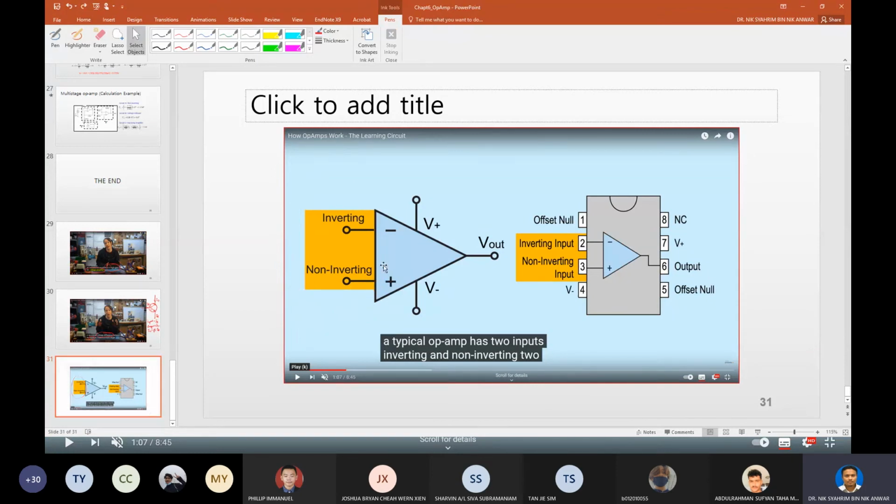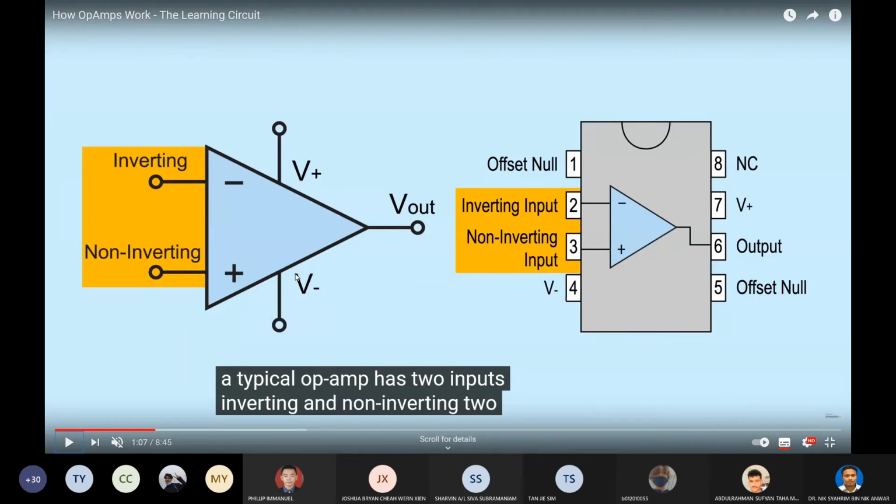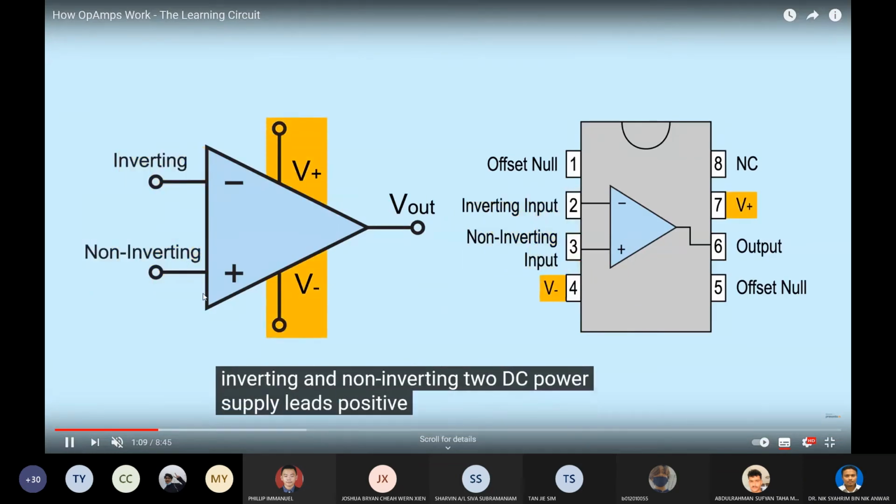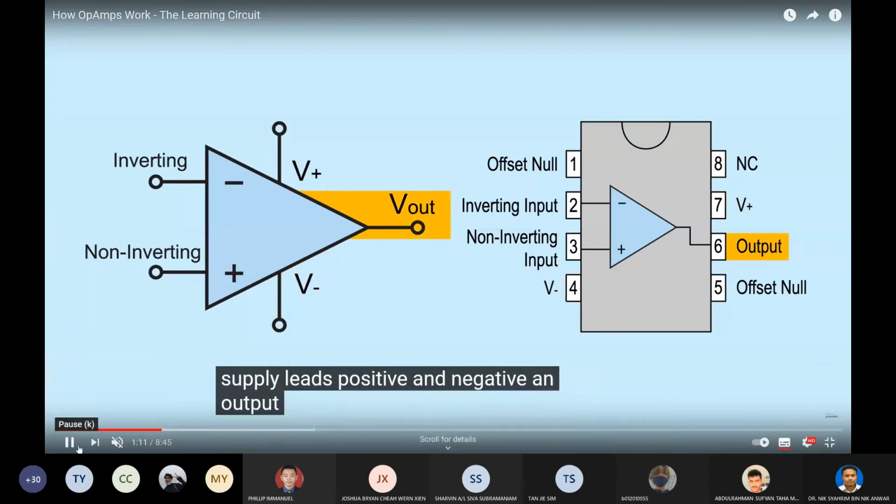Okay, so this is as denoted by the symbol here, positive and negative input. However, there is only one output. Okay, so you have two inputs and one output.